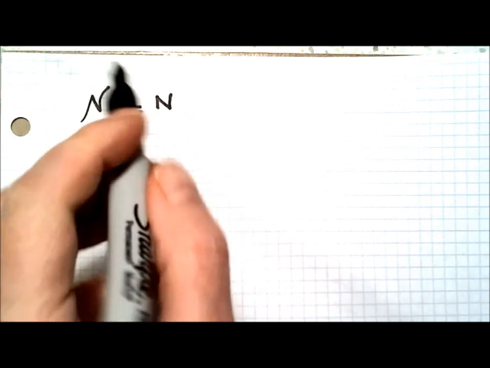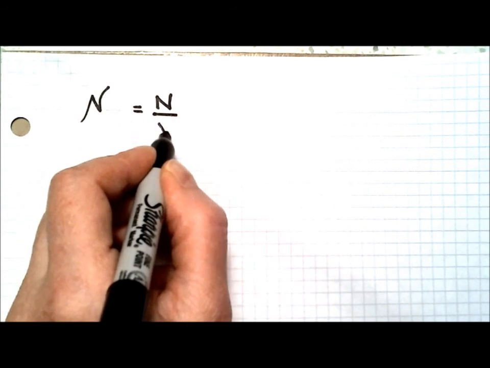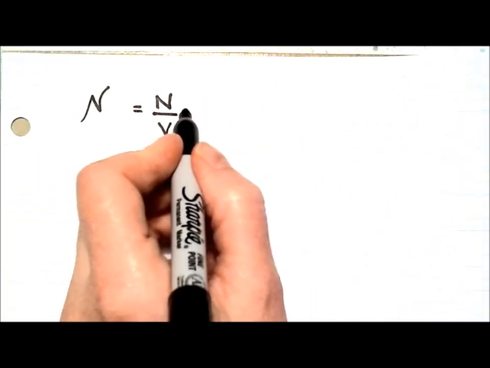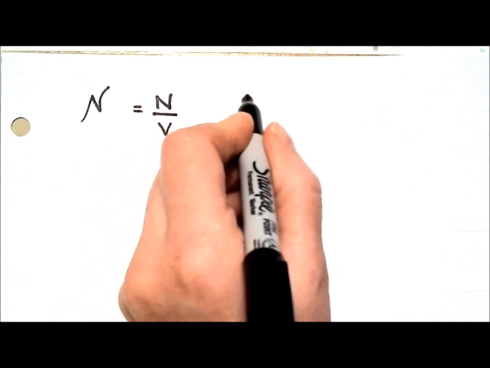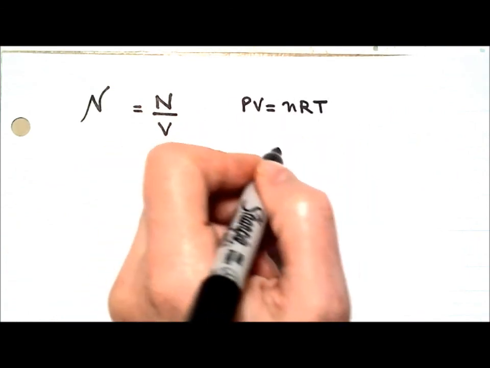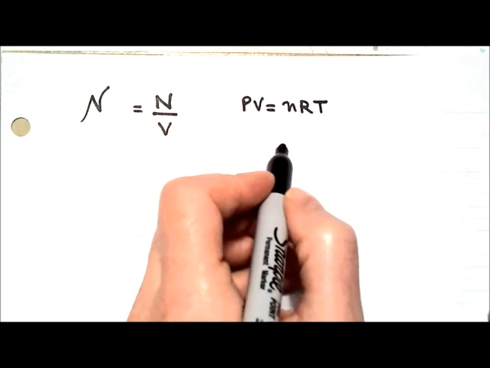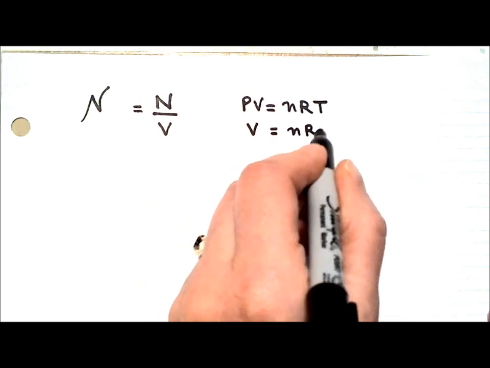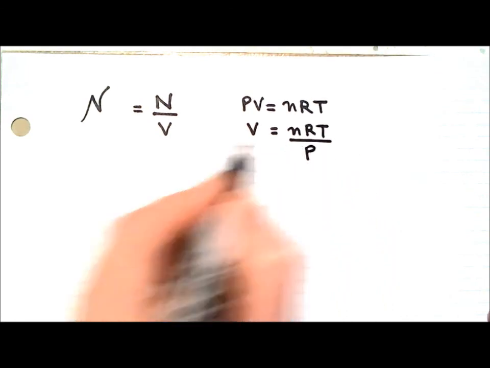That's my total number of particles divided by the volume. But remember, this is for a perfect gas. And so I know that PV is equal to nRT. And I can rearrange for volume as nRT over pressure.